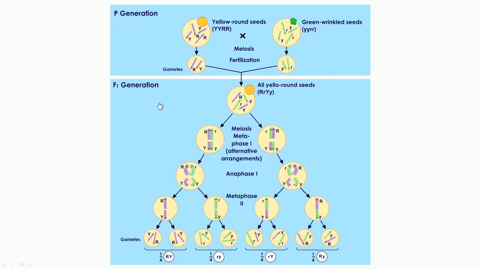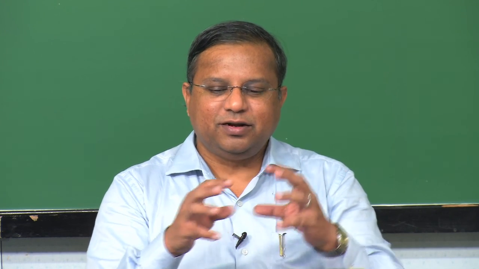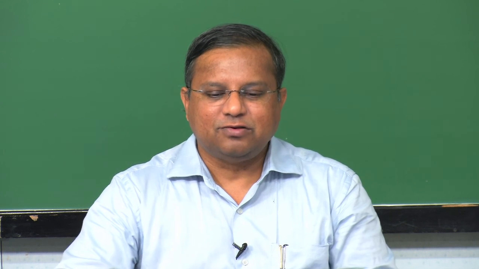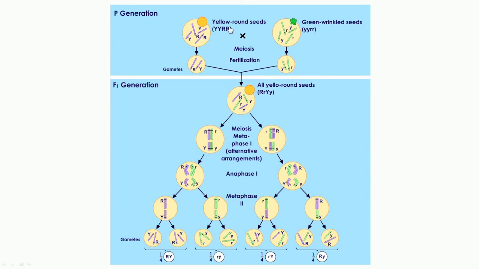If you look at what has happened in terms of what is happening during meiosis, this is what happens. The P generation, here I think a slightly different example is considered. Yellow round seeds, these are 2 traits being considered together, that is fine, and these are green wrinkled seeds.